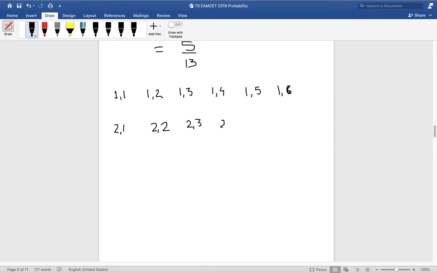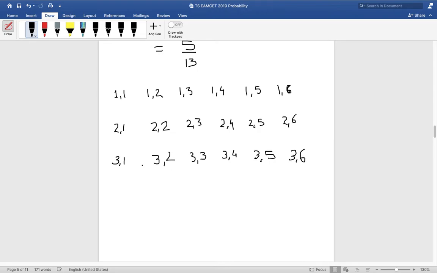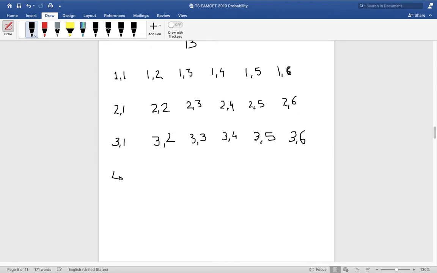It's just a lot of work. 2 4. So you need to be very fast while doing this. 2 5, 2 6, 3 1, 3 2, 3 3, 3 4, 3 5, 3 6. It's a lot of boring work in this problem.